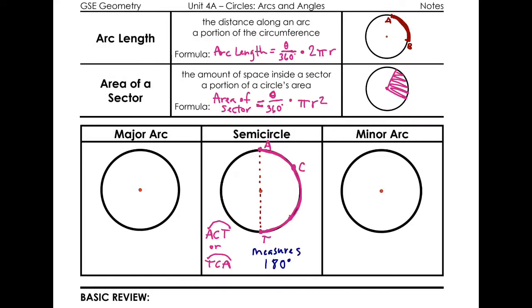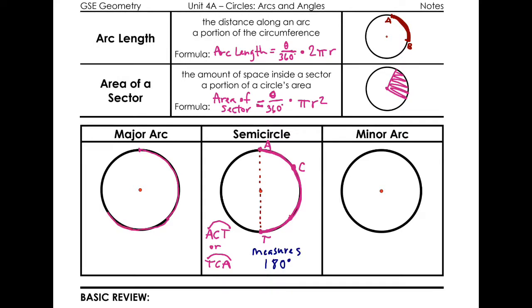All right, so I did that one first because a major arc and a minor arc are basically referencing a semicircle in a sense. So a major arc is just more than a semicircle. So anything more than half the circle. A minor arc is something less than half of a circle or less than a semicircle. So if I draw a major arc, I just need to go more than half of a circle.